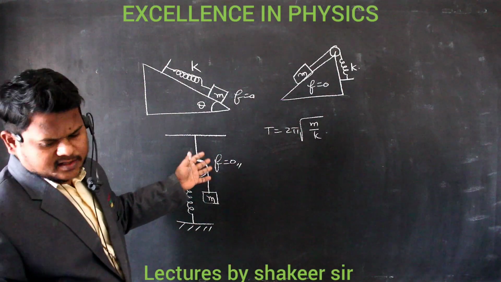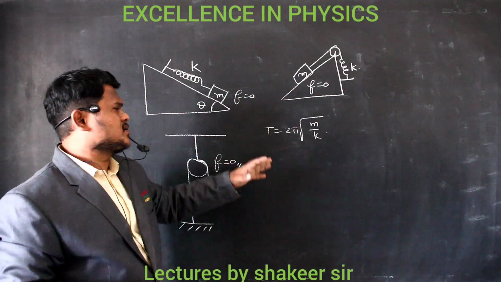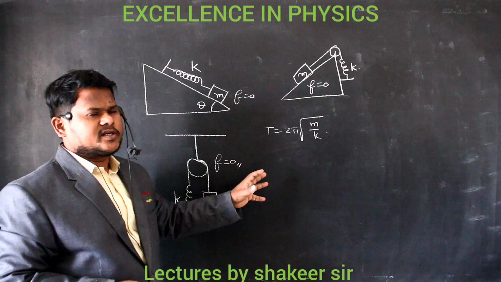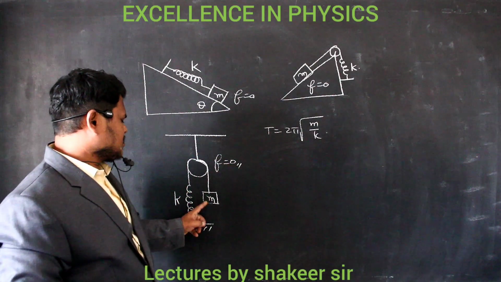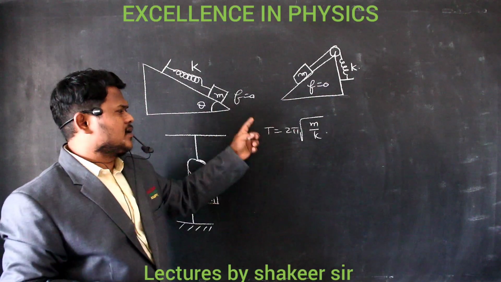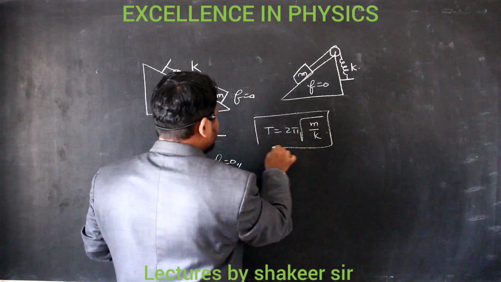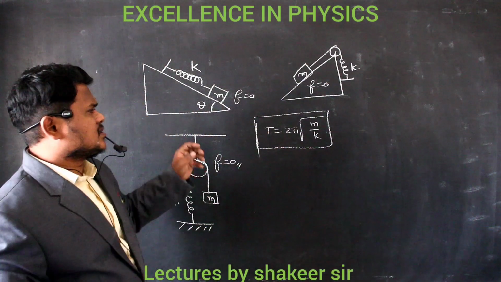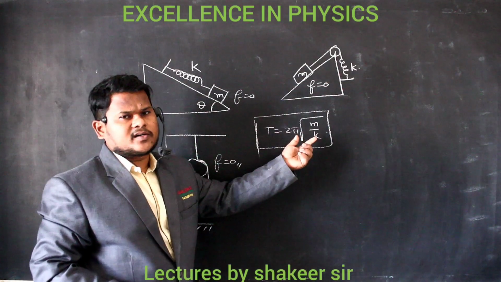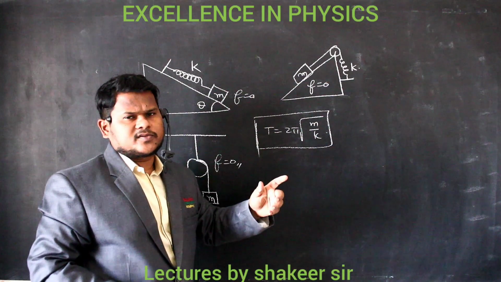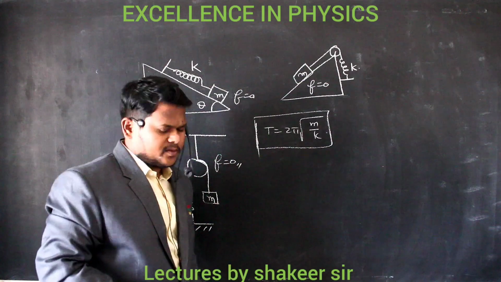So not only for horizontally loaded and vertically loaded springs, for any type of combination where only one mass is oscillating with the help of a spring, I can definitely use this relation of time period, T is equal to 2 pi root m by k, because the oscillations produced in the spring are only because of the restoring force produced in the spring. Make a note of this one.